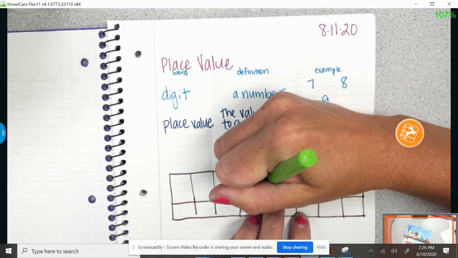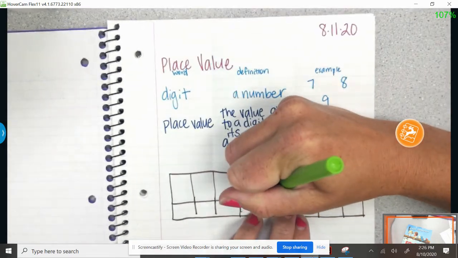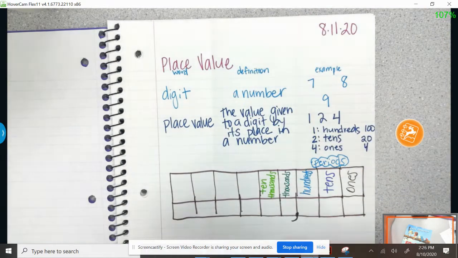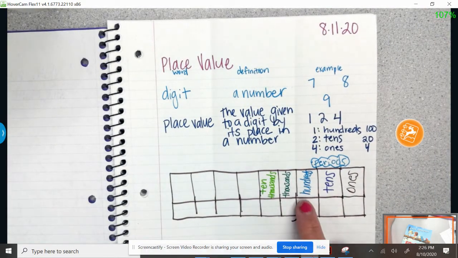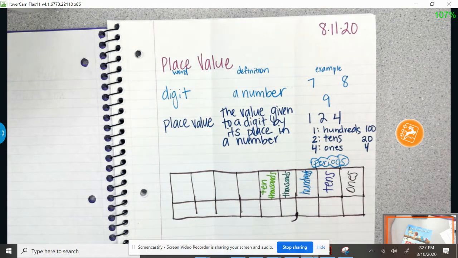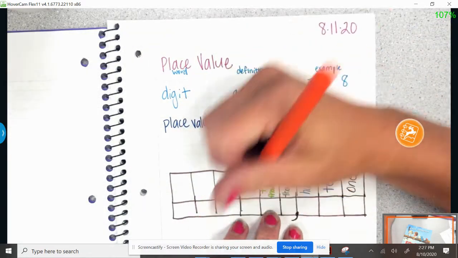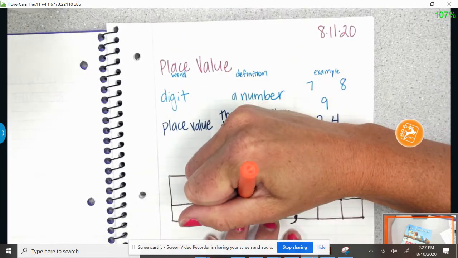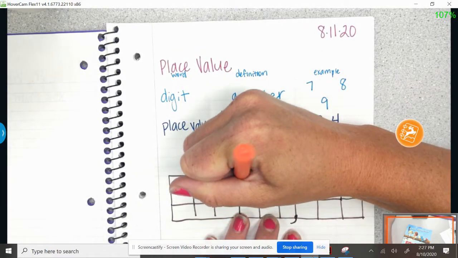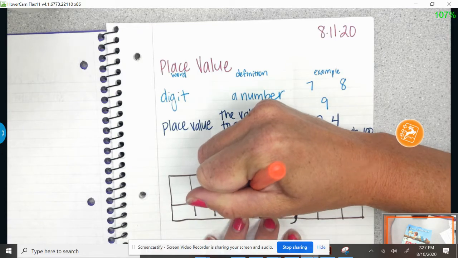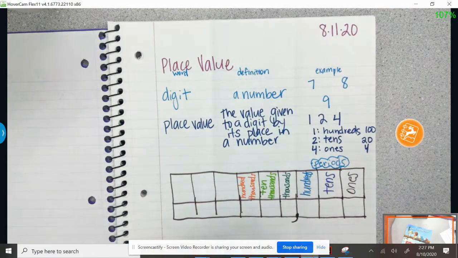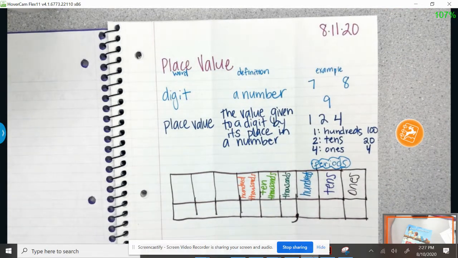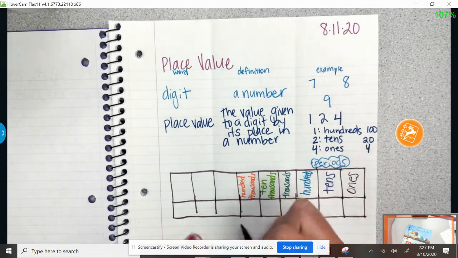So I'm going to write 10,000s. And then we get even bigger in the hundreds, which becomes 100,000s. Ones, tens, hundreds, thousands, 10,000s, and then we have 100,000s. Okay? And then we have that comma again because now we have another period.